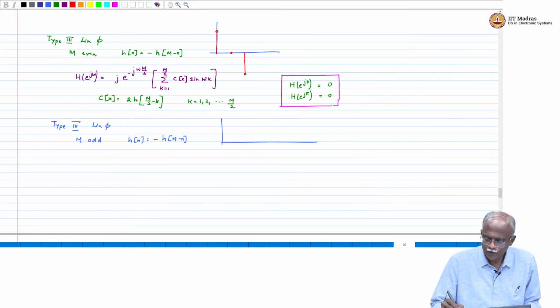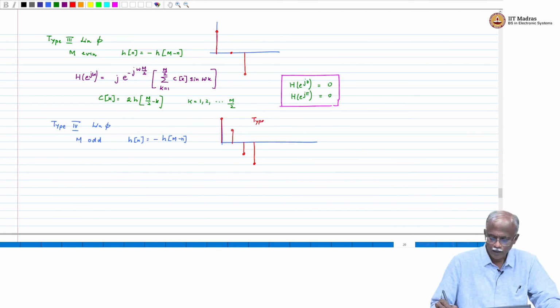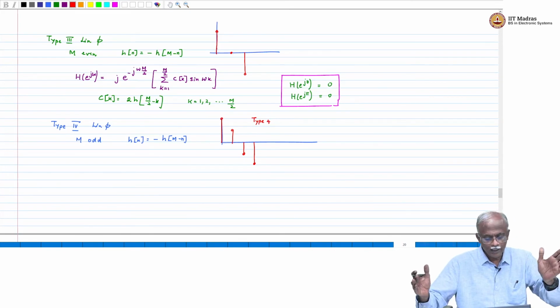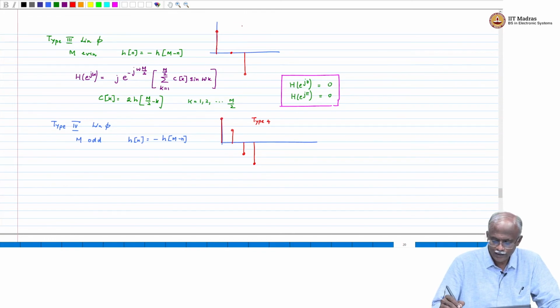Okay. First term, second term, third term, fourth term. This is type 4. It is odd symmetry. It has got odd order, even number of coefficients, so 4 coefficients.